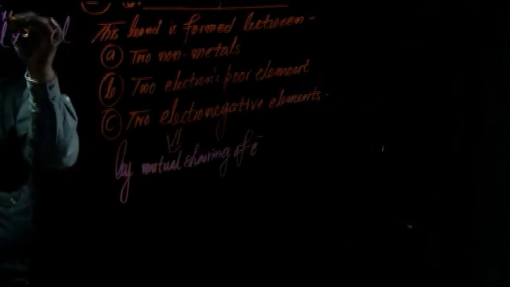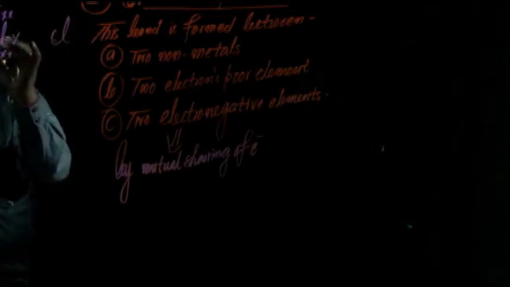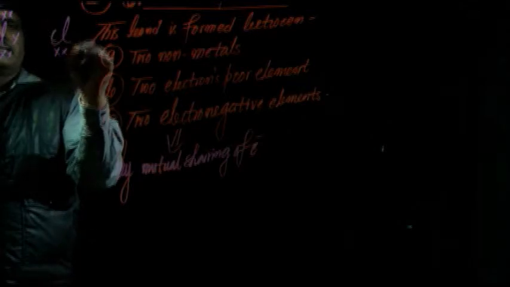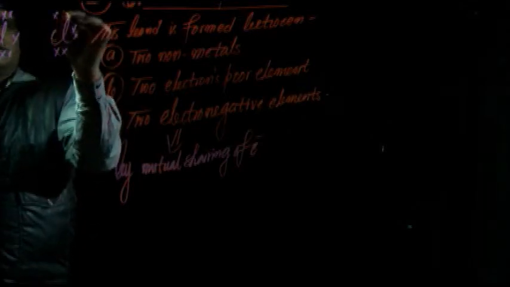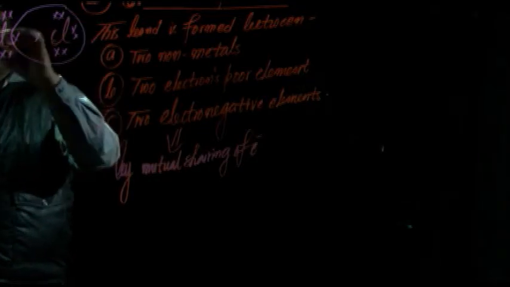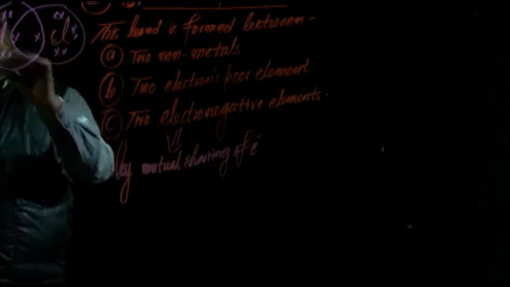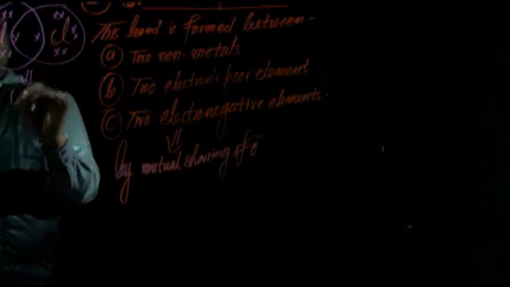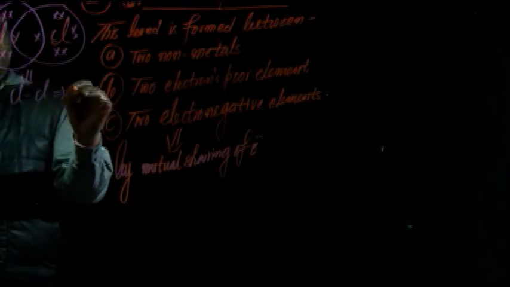Suppose 2 chlorine atoms come together, each having 7 valence electrons. They mutually share one electron each. Therefore, a Cl single bond Cl is formed, which forms the Cl2 molecule, and in Cl2 there is one single covalent bond.